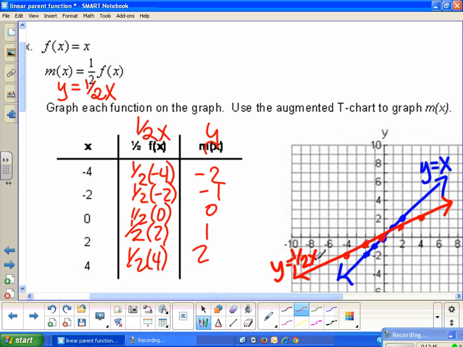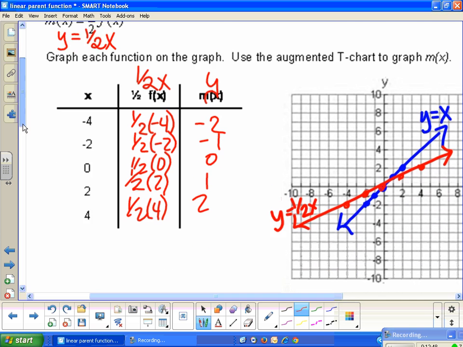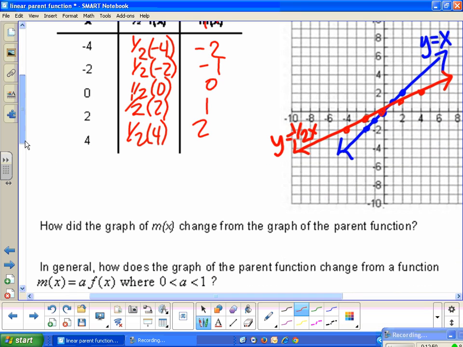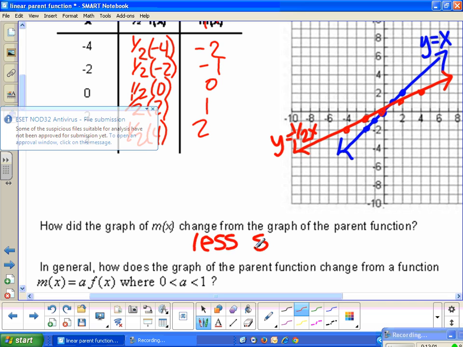So this is our line, y equals 1/2 x. What's different from our red line to our blue line? It's not as steep. Okay, so this one is less steep than our parent function.